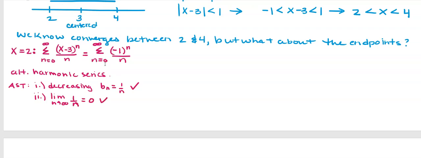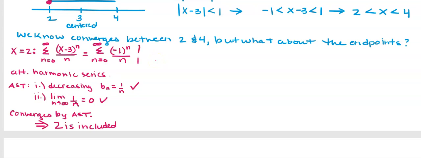So you needed the first part of the test to be decreasing and the second part to be 0. Because these two do happen, we know that it converges by the alternating series test. And because it's converging, this is telling us that the endpoint 2 is included. So up at 2, we can put a closed dot on our number line to say that we are including it.